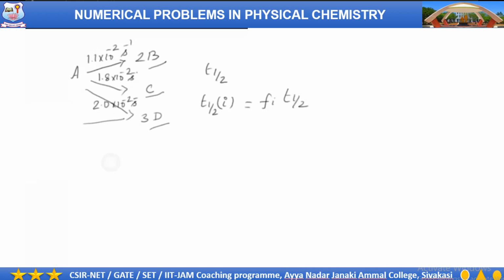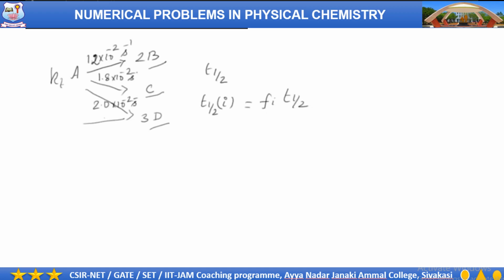K1, K2, and K3 are already given. Individual Ks are given. Therefore, you can directly apply the individual T half is equal to 0.693 by K. For the overall T half, you have to sum them up, you will get the overall K, and then go for this. Okay? Or you put it as K1, K2. For summation, it will be very helpful to you.